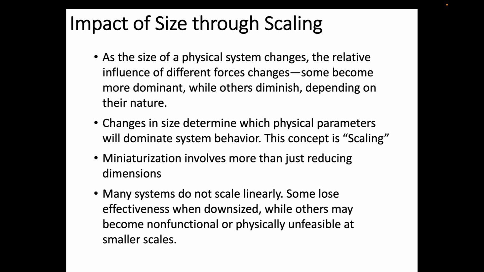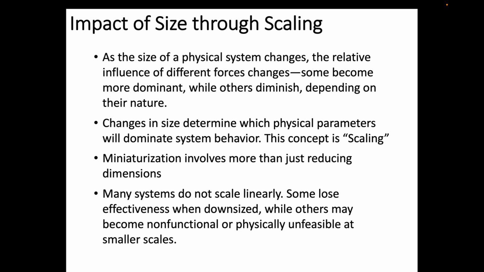Miniaturization, just scaling down, involves more than just reducing dimensions. That is because many systems do not scale linearly. If your system follows a linear relation, it is just reducing dimensions.